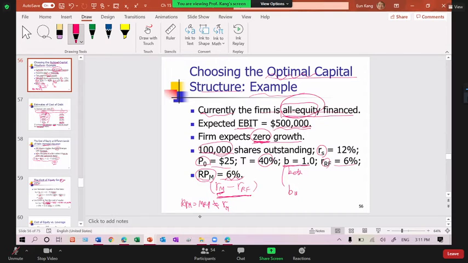Many people took market risk premium as RM, so they subtract RF from RPM. That's wrong, right? Already RPM is RM minus RF. So all you have to do is just plug in the number.